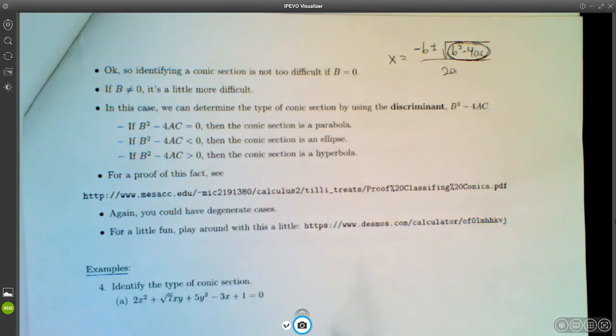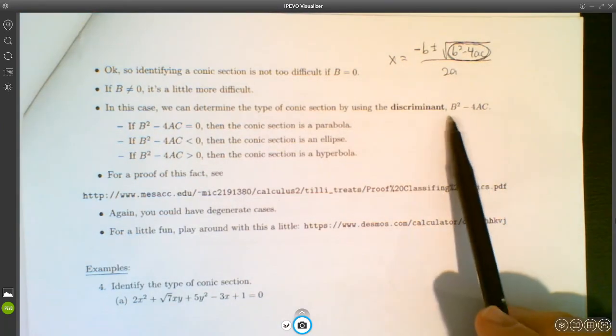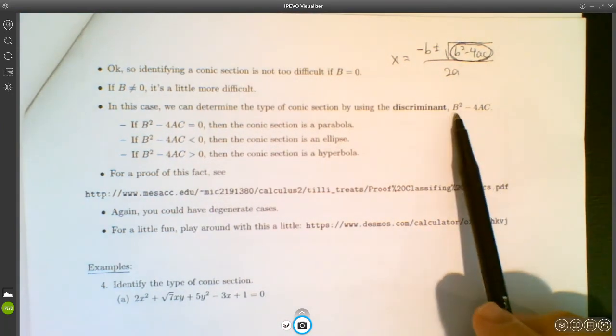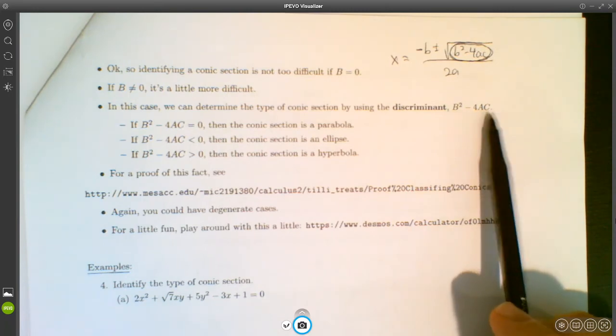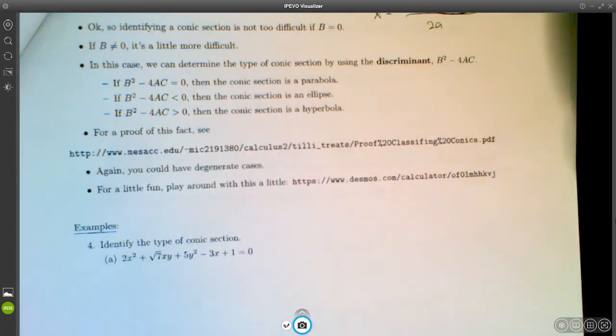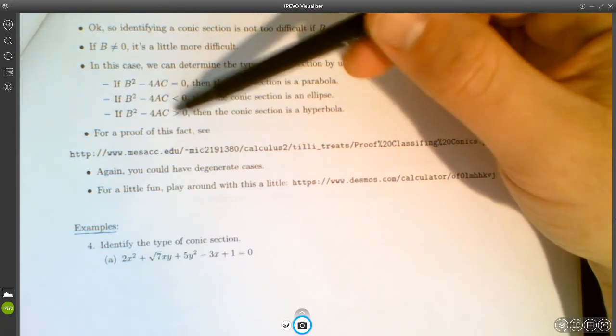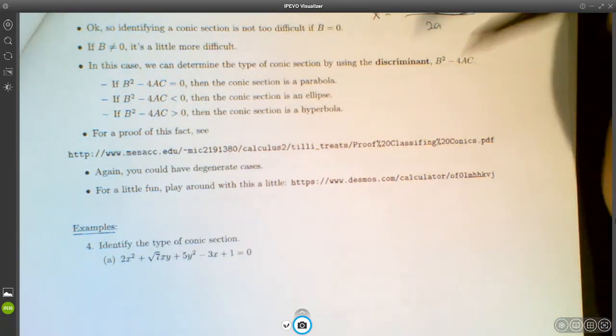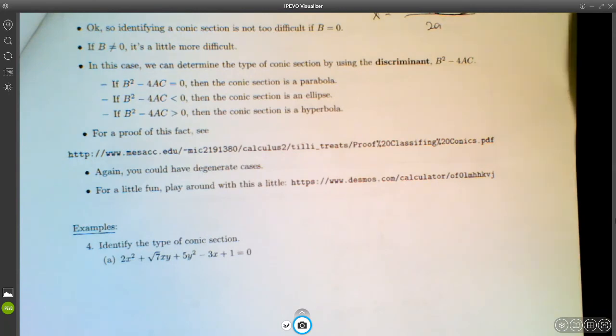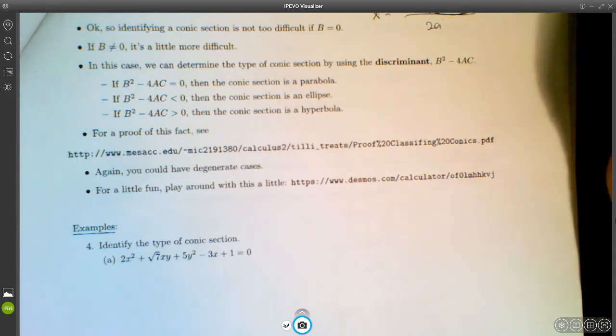Notice that the discriminant for a conic section is the same. It's b squared minus 4ac. And the cases that we consider are also the same. We look at when the discriminant is 0, when it's less than 0, and when it's greater than 0. But this time the information it's giving us is what kind of conic section we can expect to have.